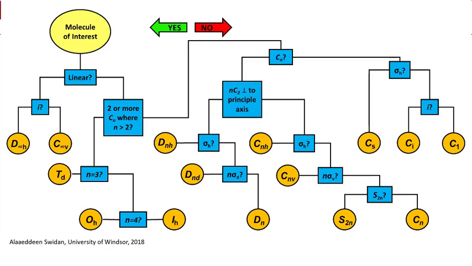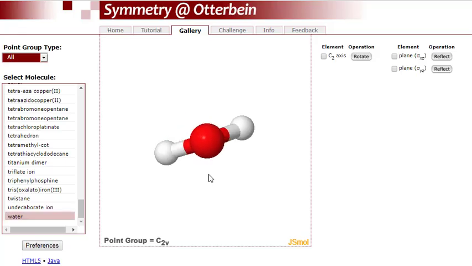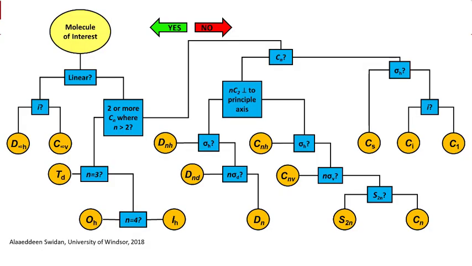And if we were to look around, we would find there's a C2 axis here. If you rotate this by 180 degrees, you end up with the same compound and arrangement. Therefore, we do have at least a C2.